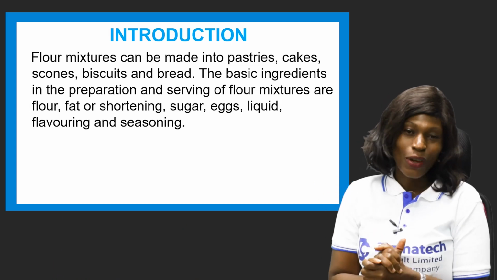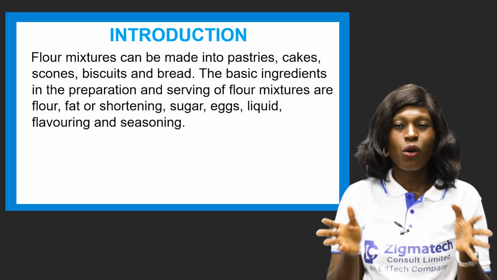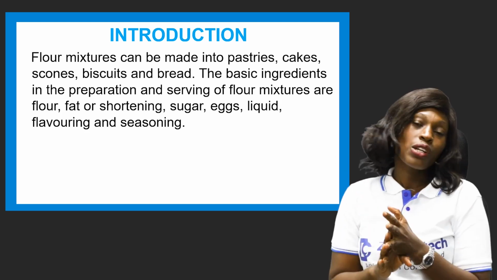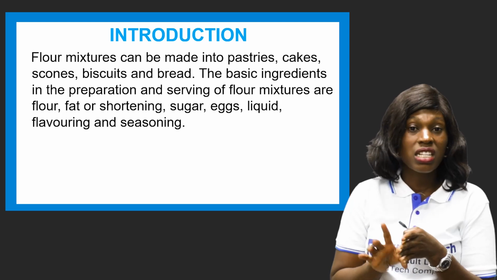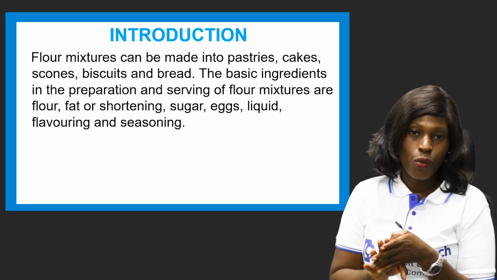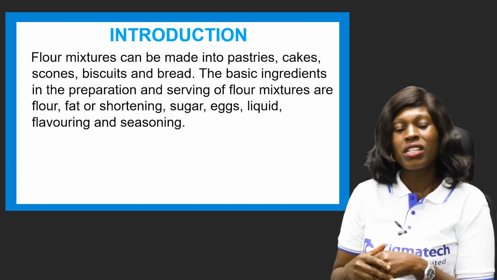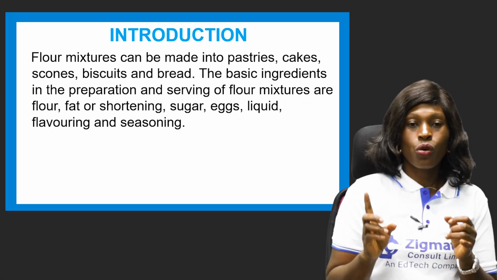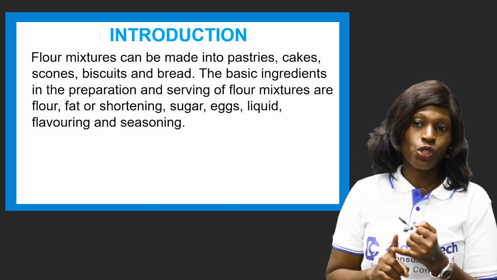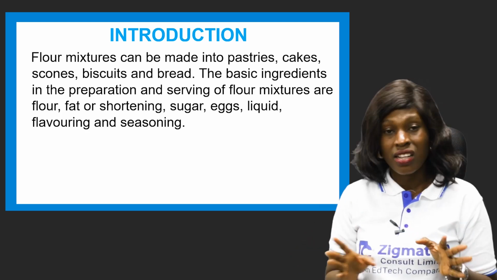Now, when you hear about flour mixture, what does this mean? Now, flour mixtures can be made up of pastries, cakes, scones, biscuits, and then bread. Okay, when you mix your flour, you're going to get this end product. Now, the basic ingredients in the preparation and serving of flour mixtures are your flour, fat or shortening, sugar, eggs, liquid, flavoring, and seasonings.